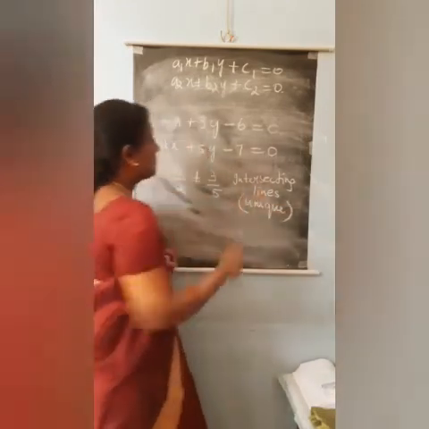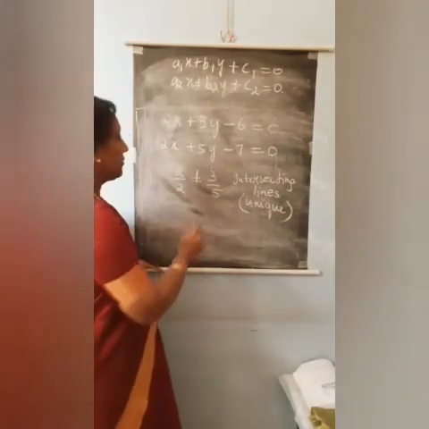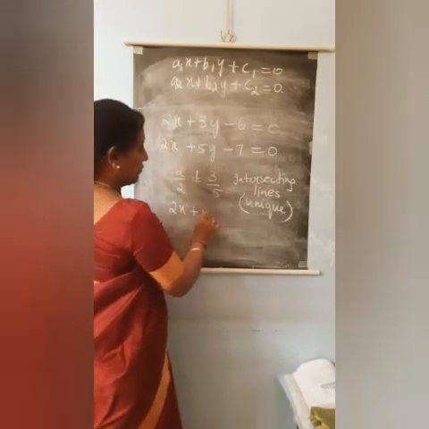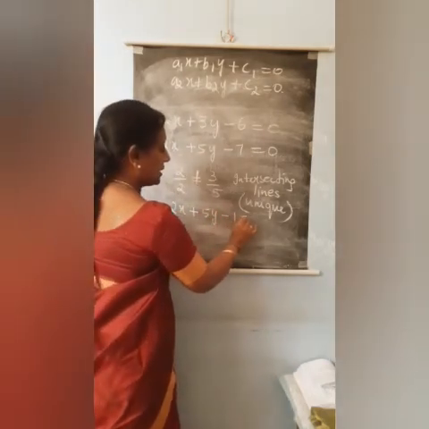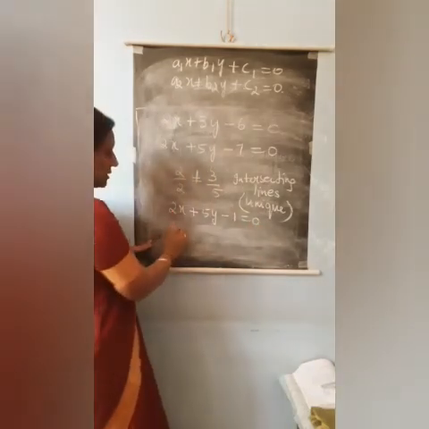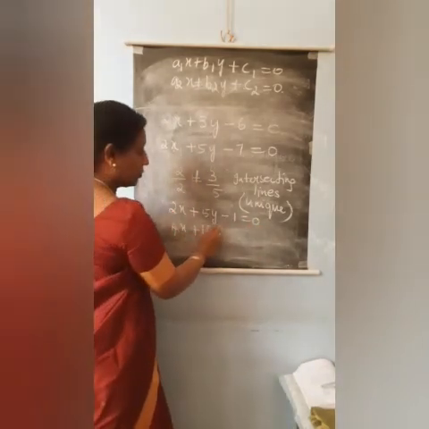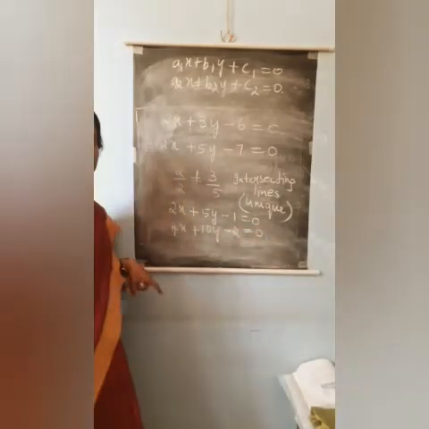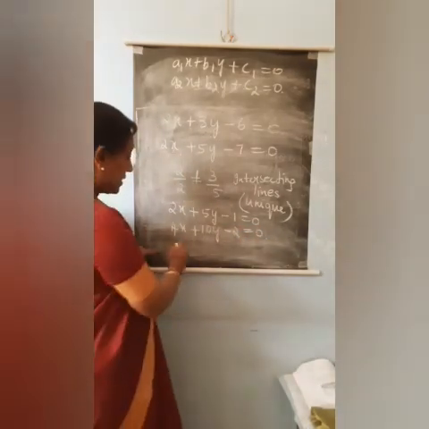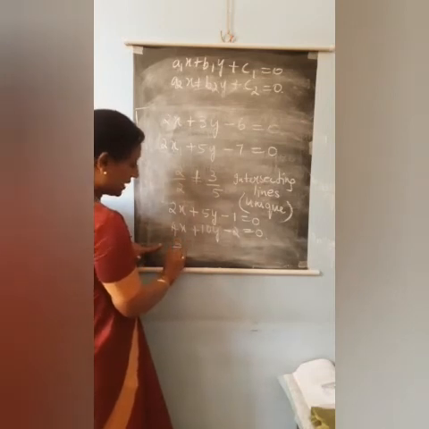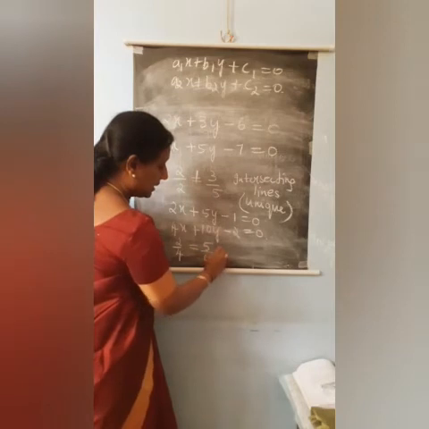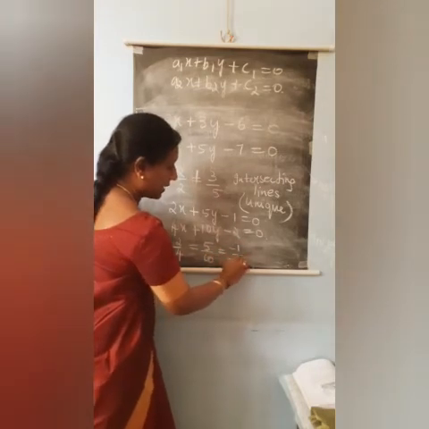Now, supposing we have another pair of equations like this. Say 2x plus 5y minus 1 equal to 0 and 4x plus 10y minus 2 equal to 0. If I compare the coefficients, what do I get? 2 by 4 equal to 5 by 10 equal to minus 1 by minus 2.